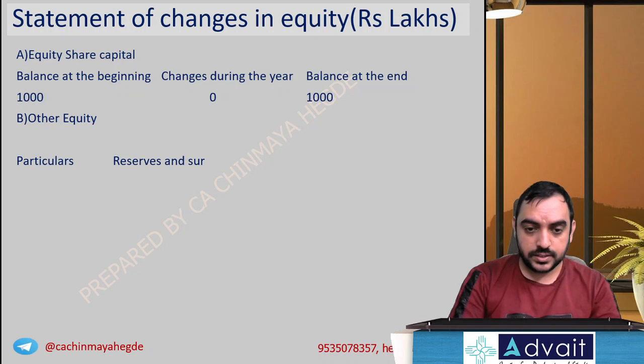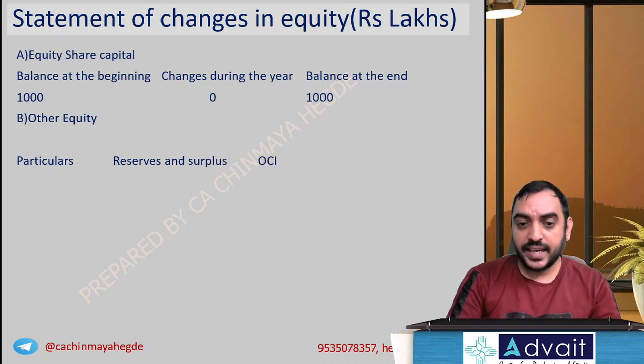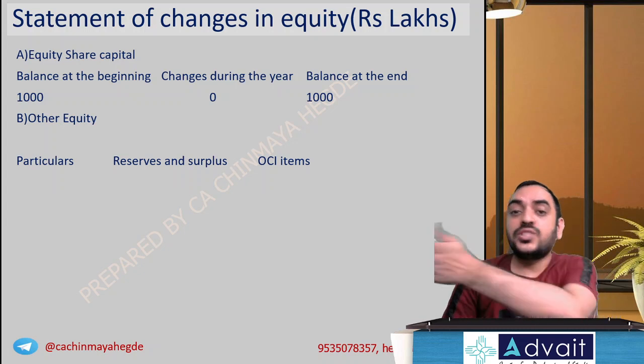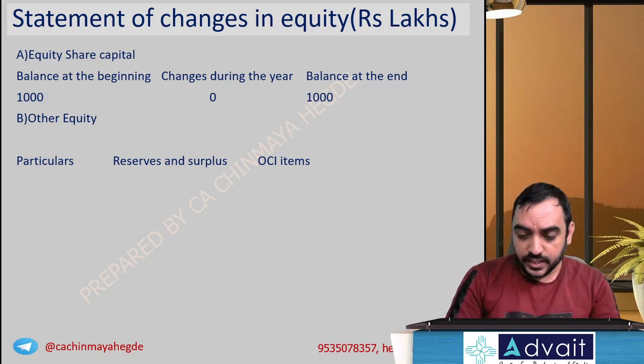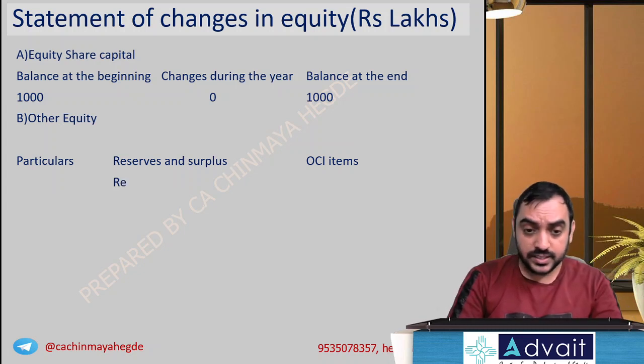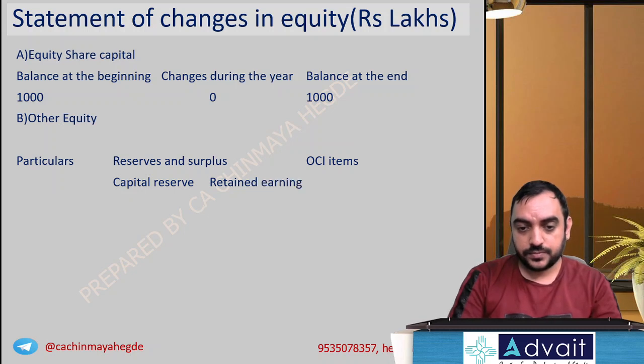I'll write it blank, but I'll note that OCI items are not there. In fact, you can ignore it; I'm writing so that you understand. OCI items will follow it. Under reserves and surplus, we have two items: retained earnings and capital reserve. So opening balance, balance at the beginning.